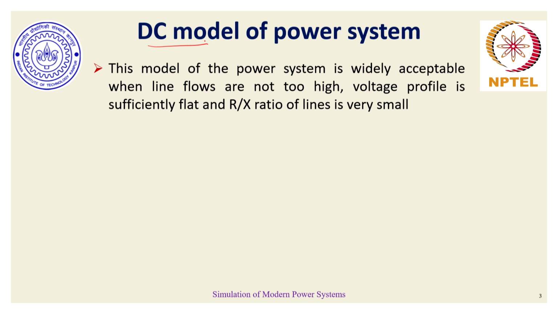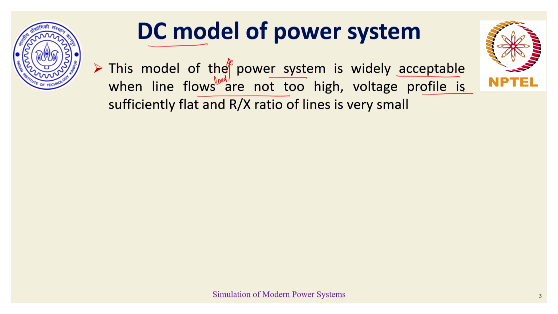As I mentioned, this model of the power network is not accurate, it is an approximate model, but it is widely used by system operators to get a quick assessment of the impact of sudden load changes, generation changes, or outages. This model provides reasonably good voltage phase angles when the line flows are not very high, which would mean that the load is not very high.